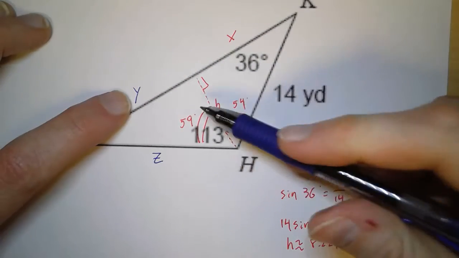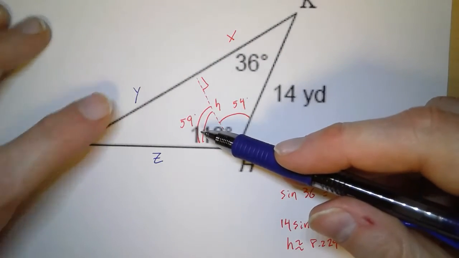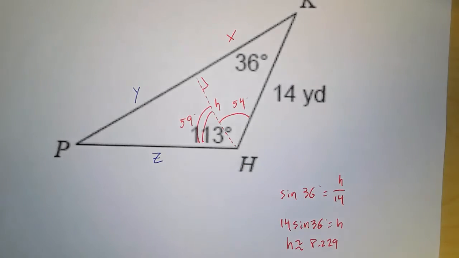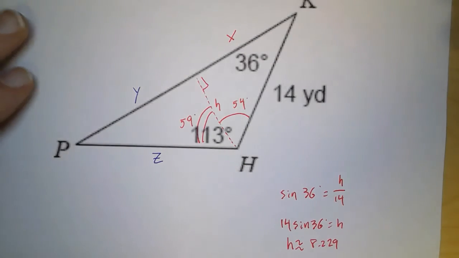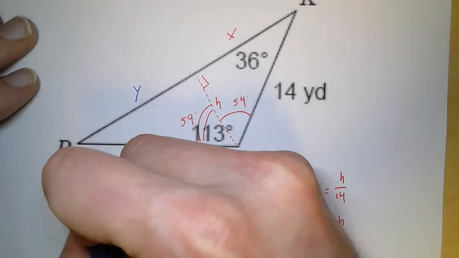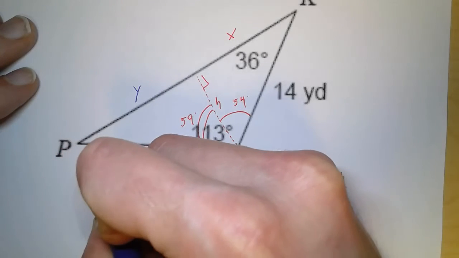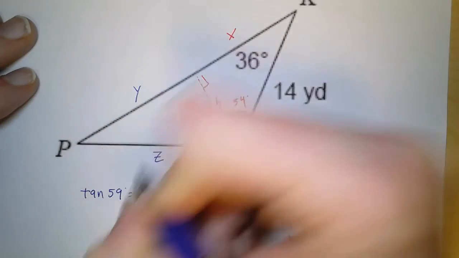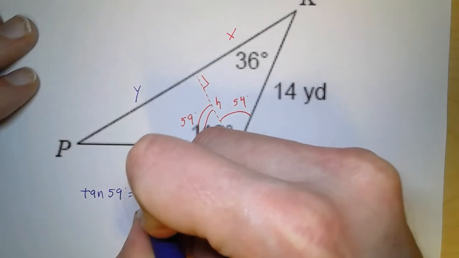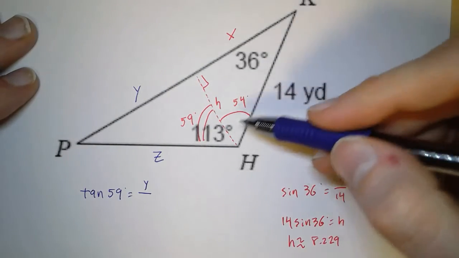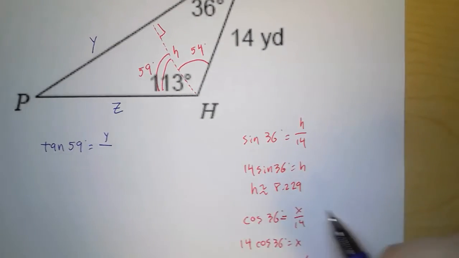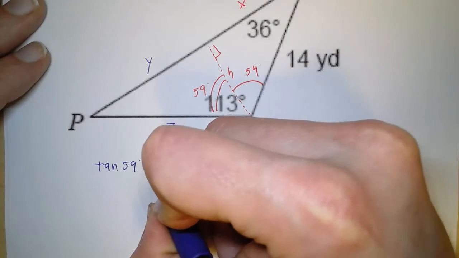And so y is opposite of 59 and z is the hypotenuse. So let's see. If we want to find y, we're going to use tangent of 59 degrees, and that's going to equal y over h. But again, we found h. H is right over here, 8.229.